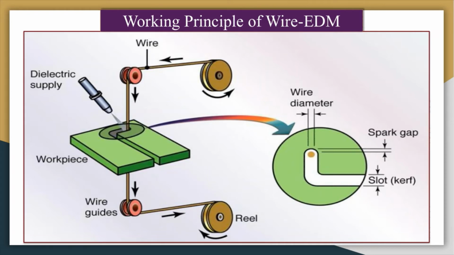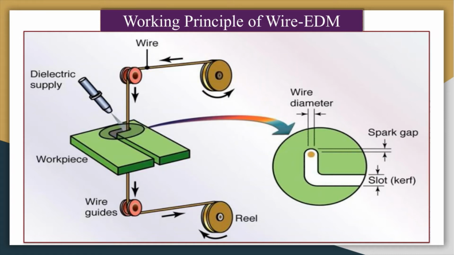Here is one more thing I want to say. In the normal die sinking EDM process, you do not need to make a hole into the workpiece surface. But in this wire cut EDM process, you have to make a contour on the workpiece. So first you have to move the wire through the workpiece.